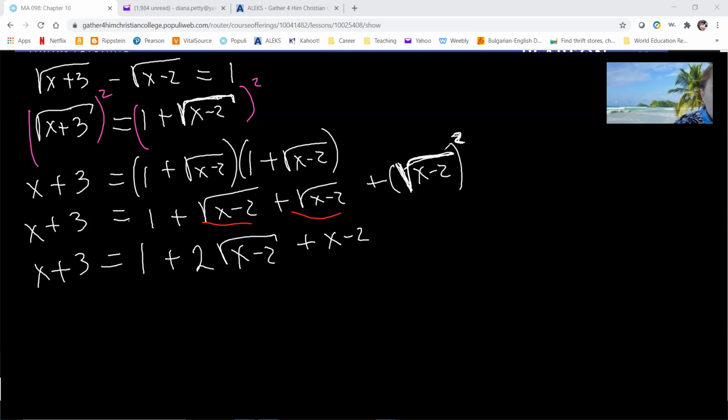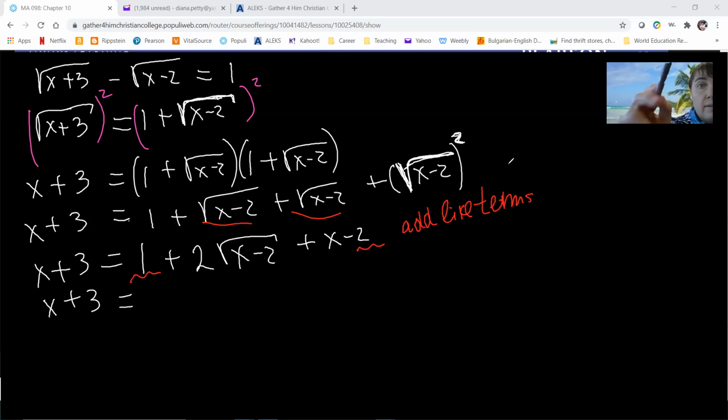So now let's add like terms on one side. The 1 and the minus 2 would add up. So you're adding like terms. So we have 2x minus 2, plus x and minus 1.